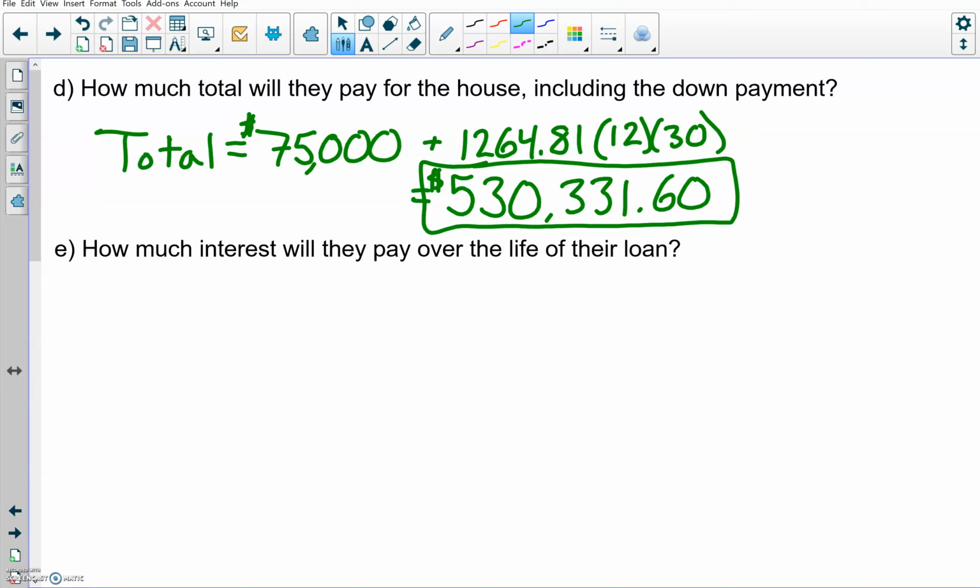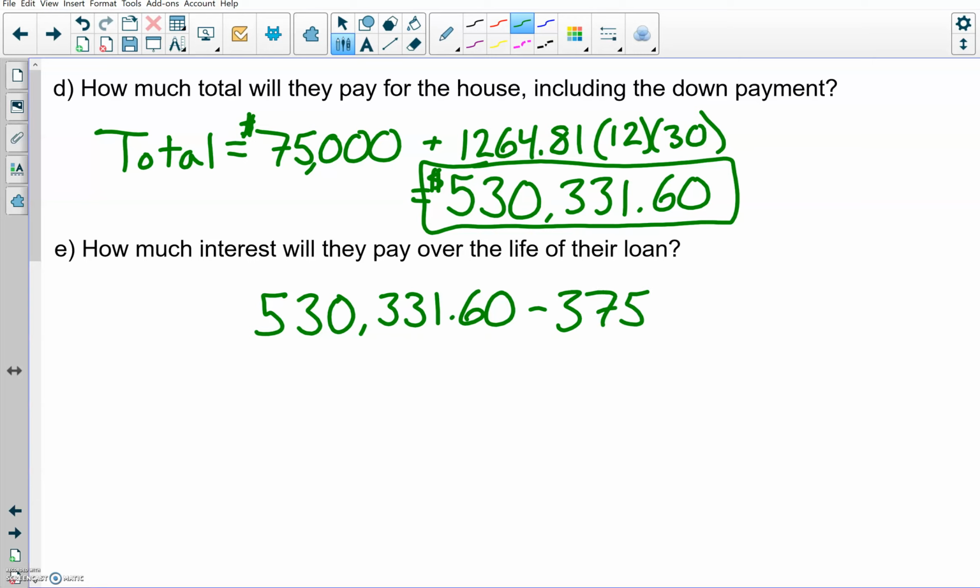How much interest will they pay over the life of their loan? Well, anything they paid on top of the list price is interest. So we're going to take that total and subtract away the list price.